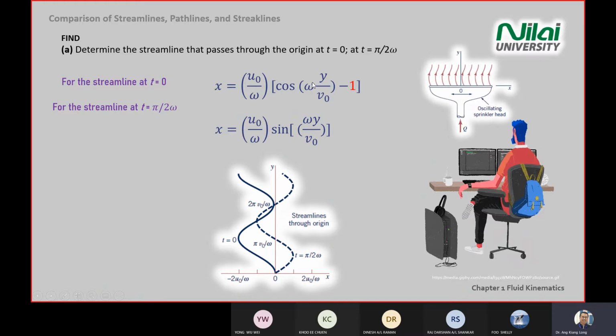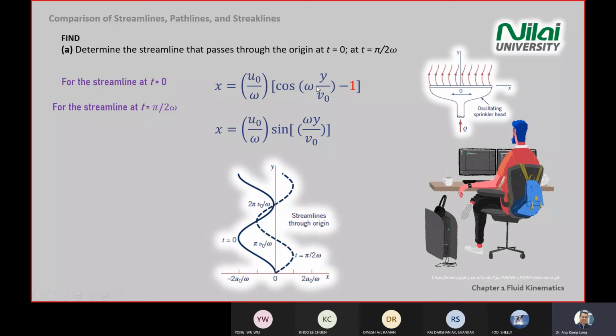And then cos of something. If you take the constant values omega and v naught, omega divided by y, you will get a constant value here. It can be positive, it can be negative. But anyway, remember to change this one into degrees.